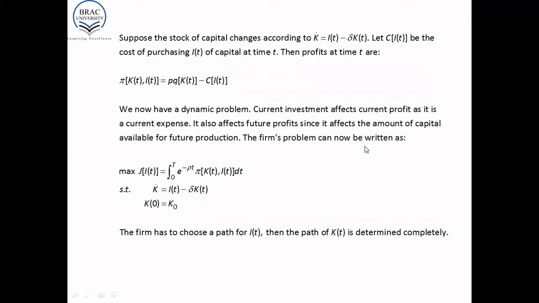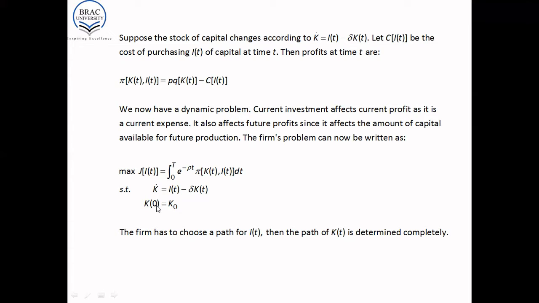The firm's problem can now be written as: you want to maximize this functional, which is equal to the integral from time t equals 0 to capital T of e to the power minus rho t times pi. So this is the discounted sum. Subject to these two conditions: there's a differential equation governing k dot equals I(t) minus delta k(t), and there's an initial condition, k(0) equals some k naught.